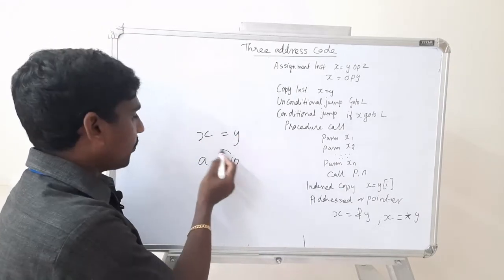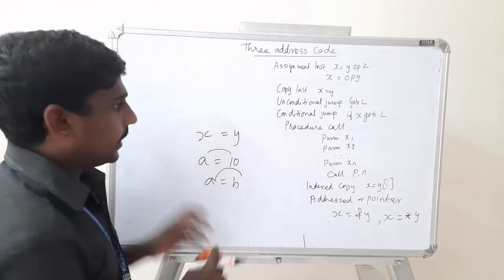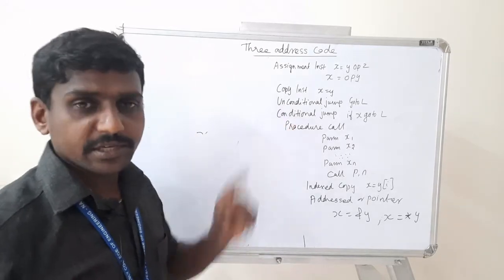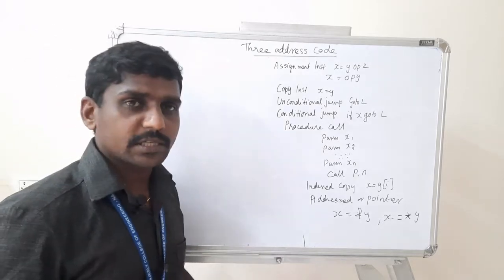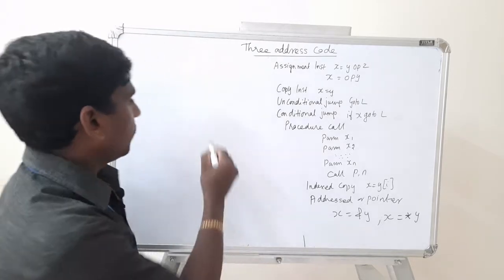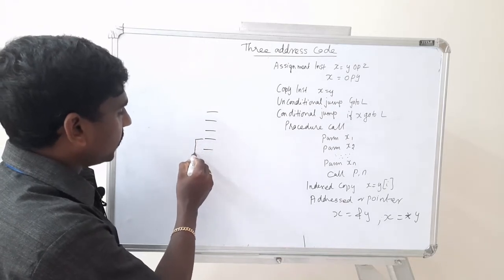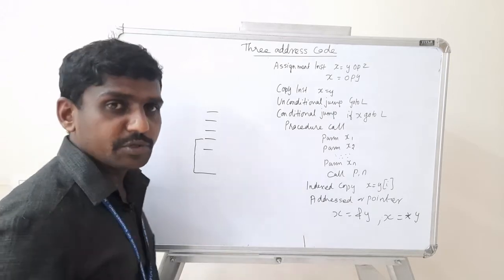So 10 is copied into a, or a equal to b is copied into a, that is copy instruction. And unconditional jump instruction and conditional jump instruction, this we know. In unconditional jump instruction, we are not going to give a condition.